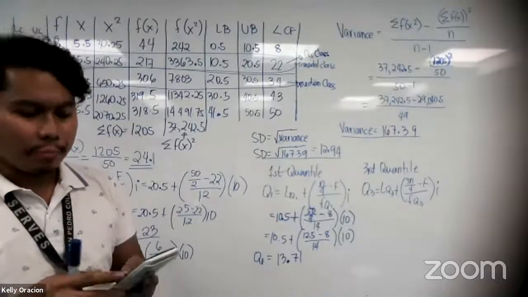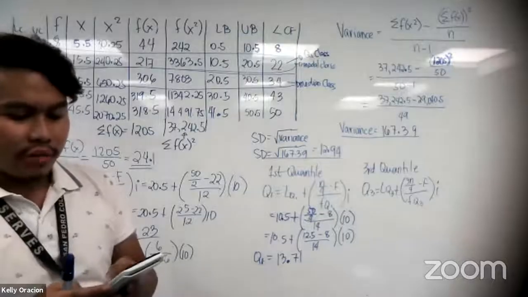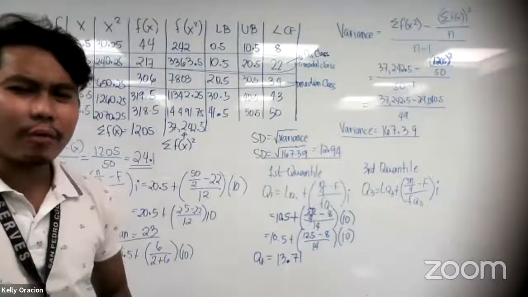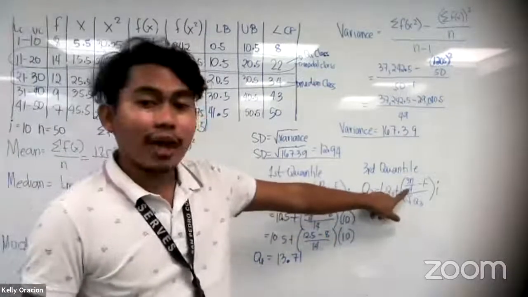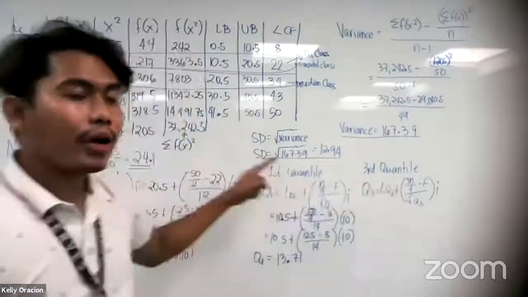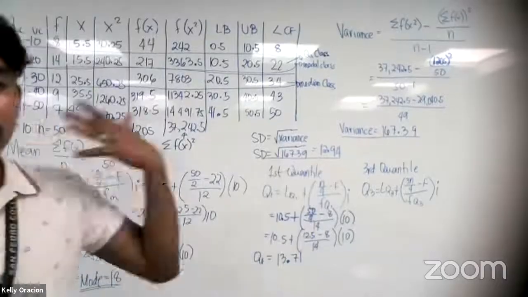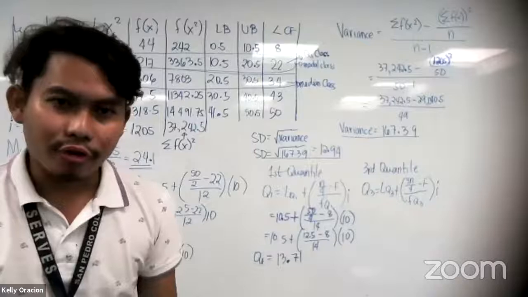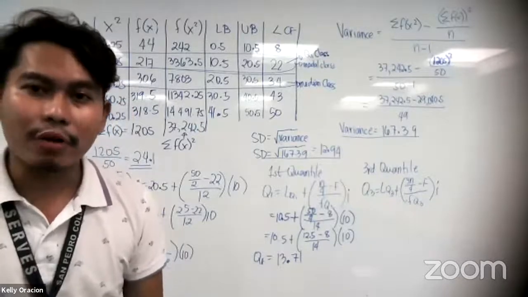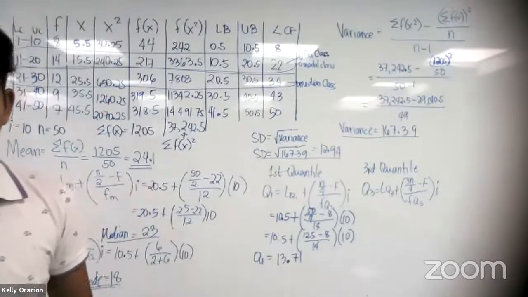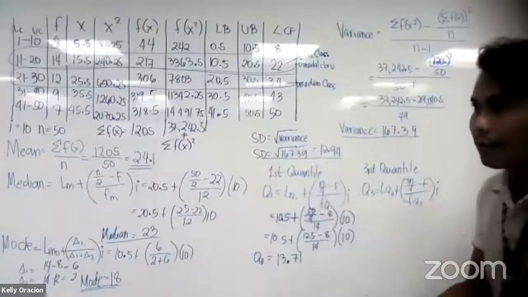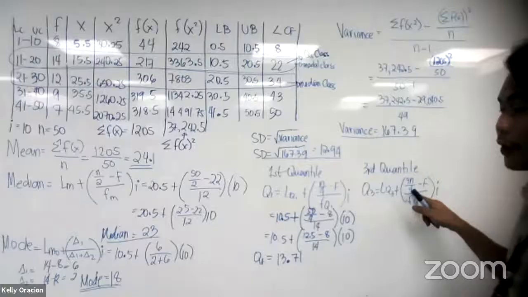So 3 times 50 divided by 4, which is 150 divided by 4, and that is 37.5. That's the basis of our third quantile.